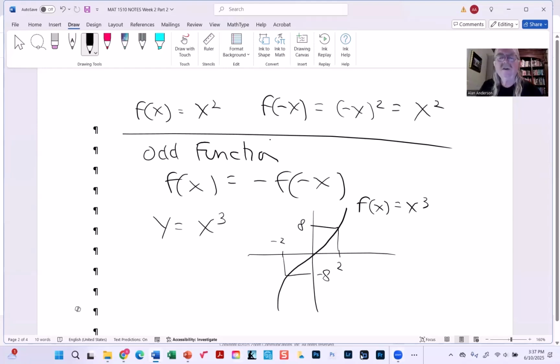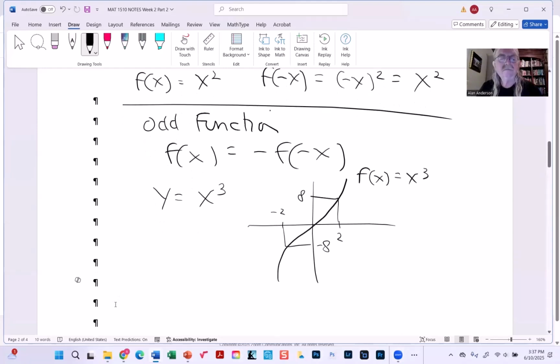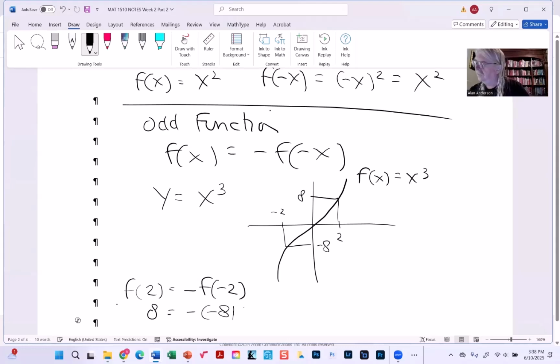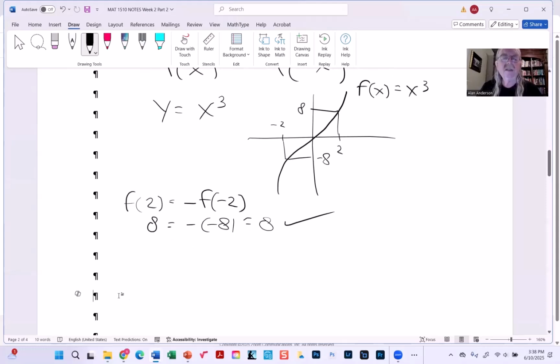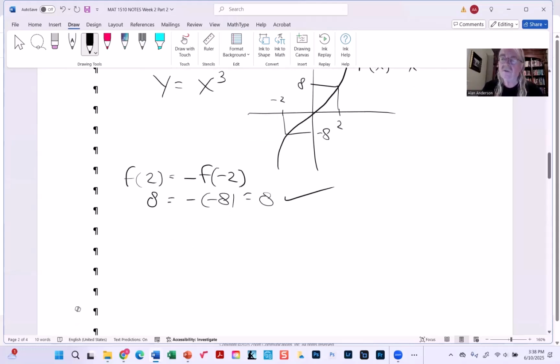So if I choose x to be 2, because f of negative 2 is negative 8, and when we multiply that by negative 1, it becomes positive 8. And that's going to be true for all x's in the domain, which in this case, again, is all real numbers.